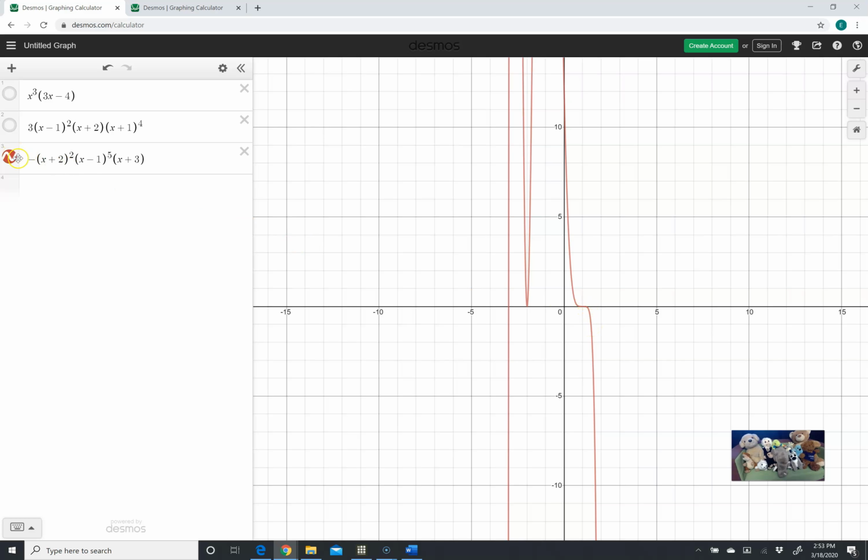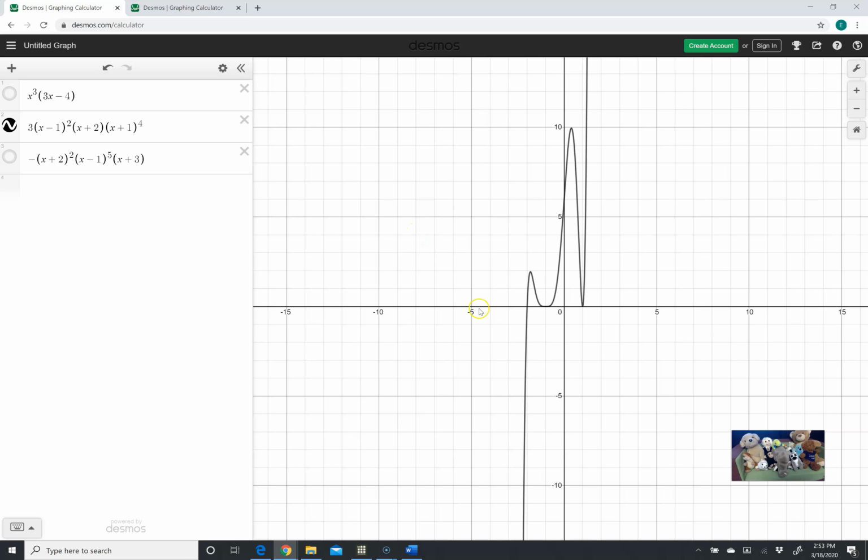Whereas with the other one, again, now that you've been away from it for a couple of minutes, you can see, right, we know that the degree is odd because each side, the end behavior is different. We know that the leading coefficient is positive because it rises on the right but falls on the left.